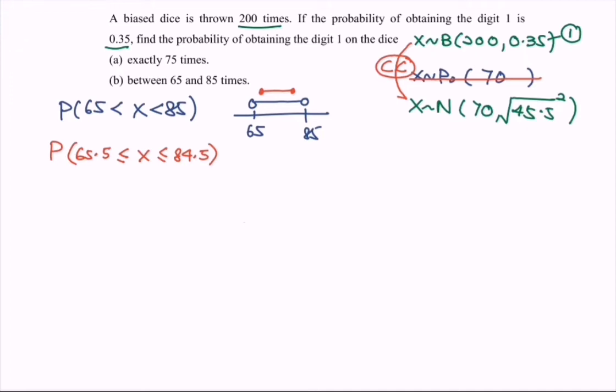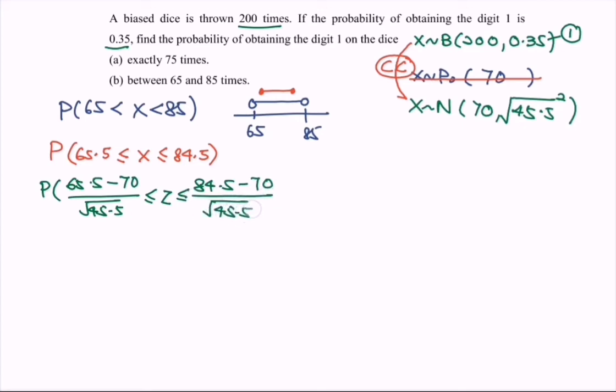Step number 2, standardize. Where we have 65.5 minus 70 over square root of 45.5, and Z, 84.5 minus 70 over square root of 45.5. So simplify the situation, where we have Z greater than or equal to negative 0.67 and less than or equal to 2.15.